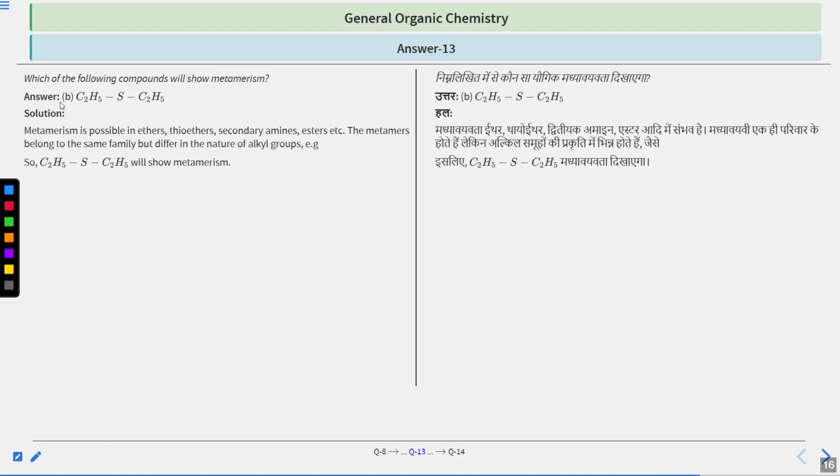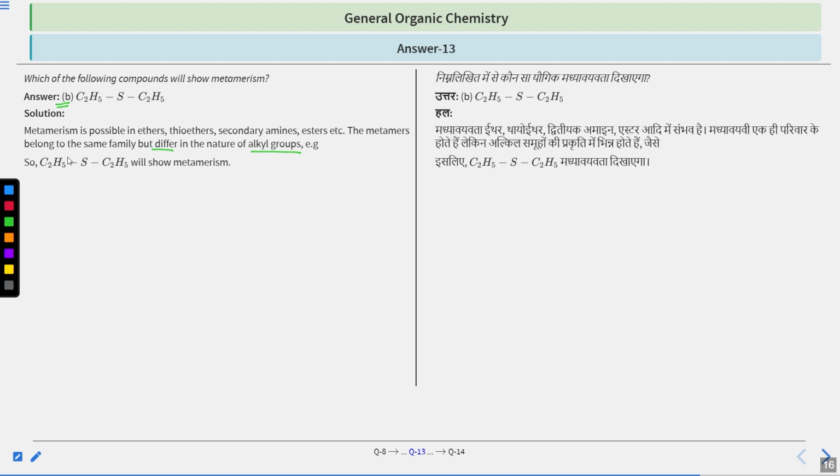The correct answer is option B, that is C2H5-S-C2H5. Metamerism is possible in ethers, thioethers, secondary amines, esters, etc. Metamers belong to the same family but differ in the nature of alkyl groups. So the alkyl groups can be different.